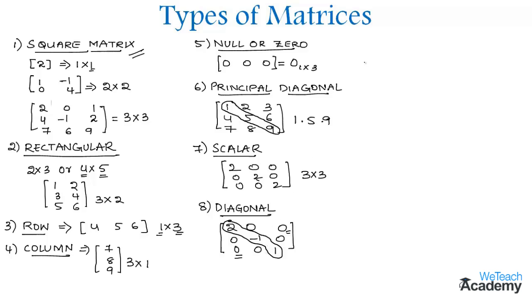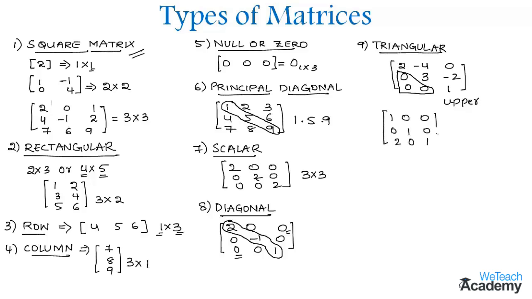And now let us discuss the next one, which is the triangular matrix. For example, this is the matrix where we have the upper triangle as zeros. Then such a matrix is called an upper triangular matrix, whereas for this matrix we have the lower triangle as zeros.